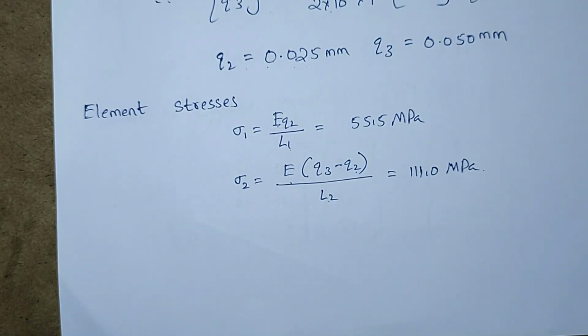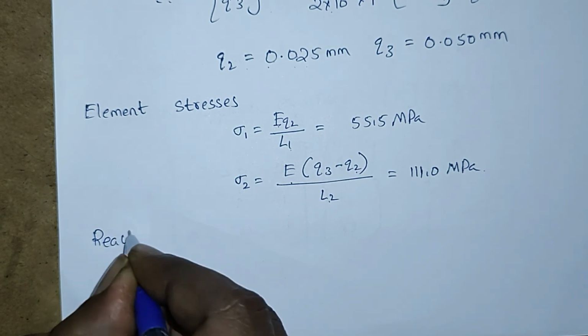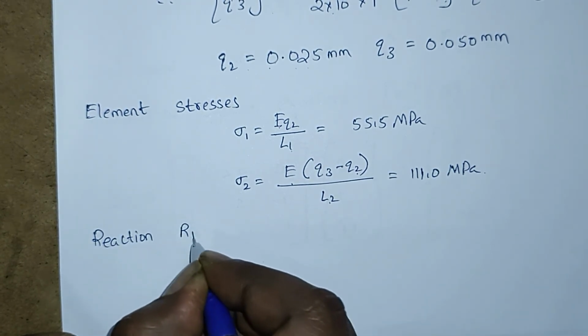Okay, now the last step, we will conclude this problem. So reaction R1, the first row of the left hand side of the matrix should be equated to R1. So we'll write here reaction R1.